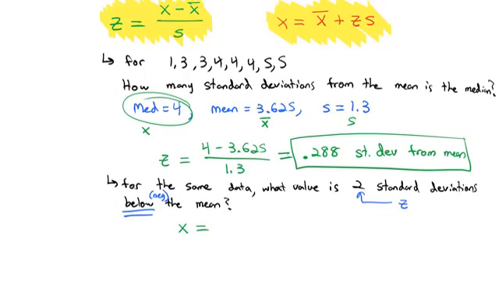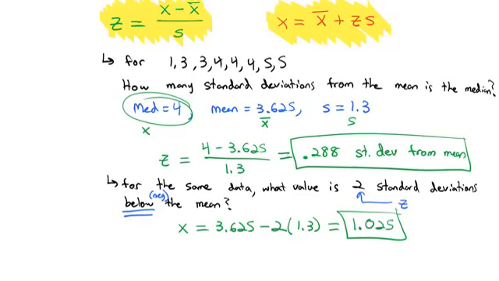So x is equal to the mean, x bar of 3.625, minus 2, because we have negative 2 standard deviations below the mean, times the standard deviation of 1.3, and that gives us 1.025.